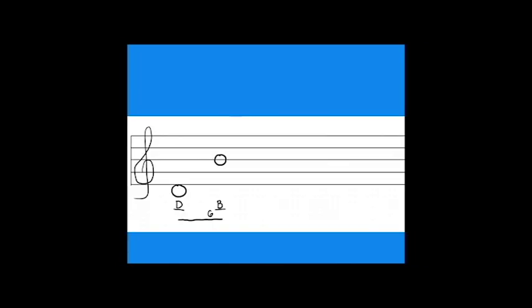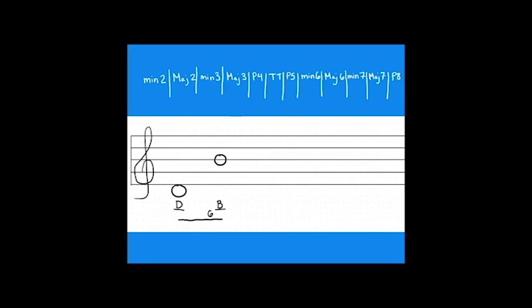So in order to figure out the quality of any interval, the first step is going to be to write all of the intervals in order from smallest to biggest. So that order is minor second, major second, minor third, major third, perfect fourth, tritone, perfect fifth, minor sixth, major sixth, minor seventh, major seventh, and finally perfect octave.